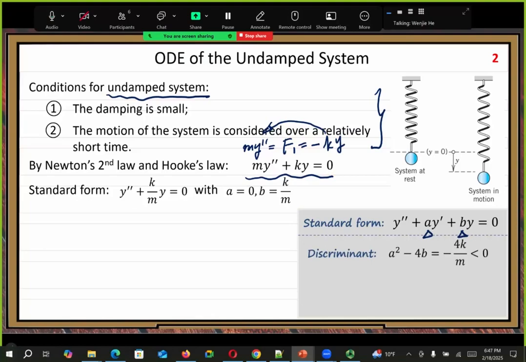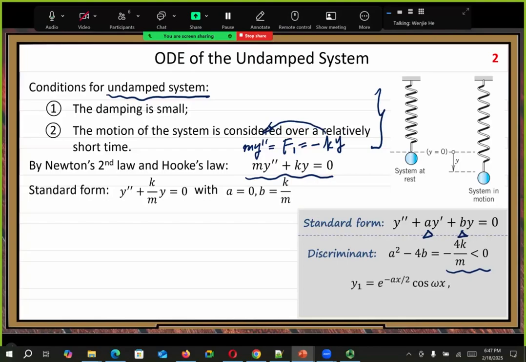So we know the discriminant is A squared minus 4B, but here the discriminant is negative. That means the characteristic equation has two complex solutions, i, right? Then we need to use sine, cosine.